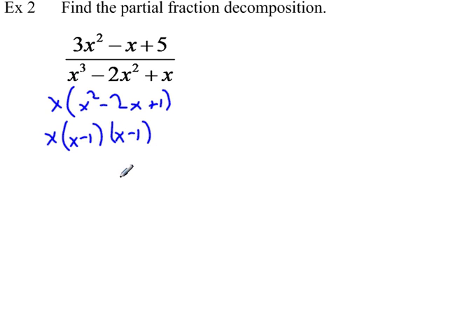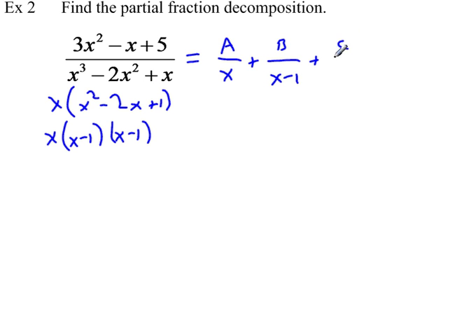Now, this one's a little different because we have a repeated factor. If you ever have a repeated factor, there's just a little trick you have to do to set this up. So first I'm going to say this is going to be a over that first factor, which is x, plus b over the second factor, which is x minus 1. Now, since you already have an x minus 1 term, you have to do something a little bit differently for the third factor.